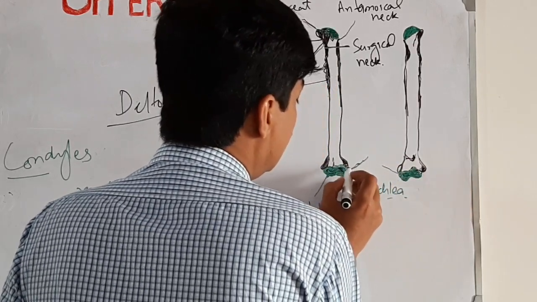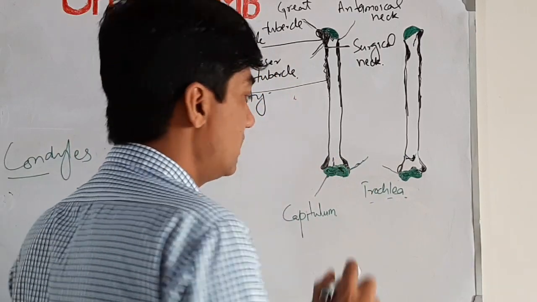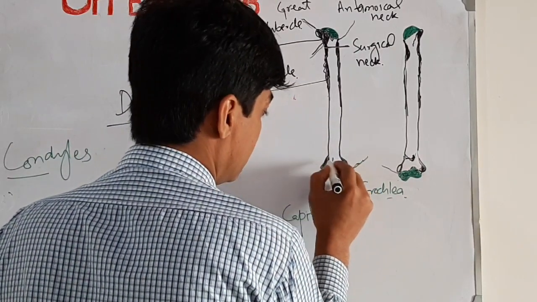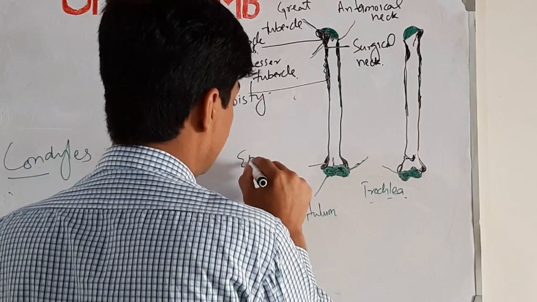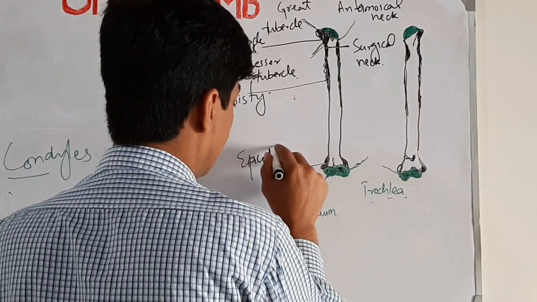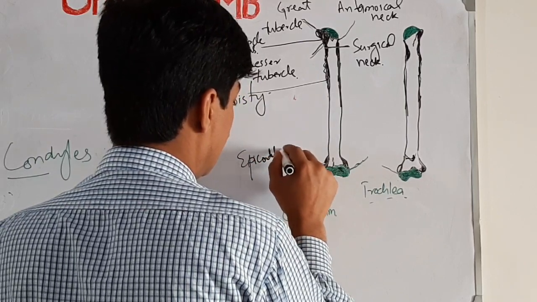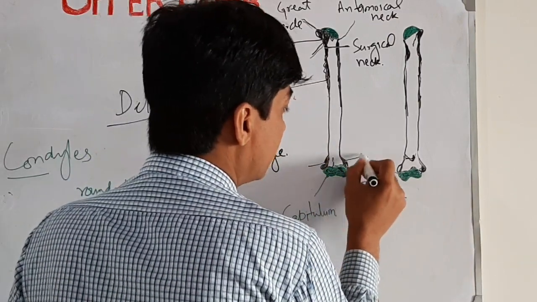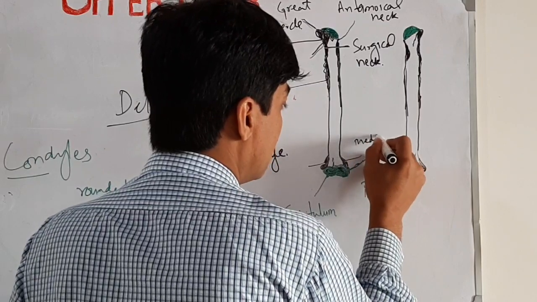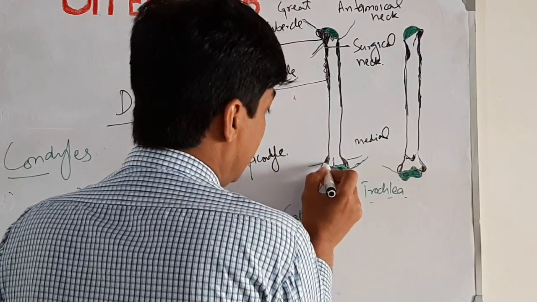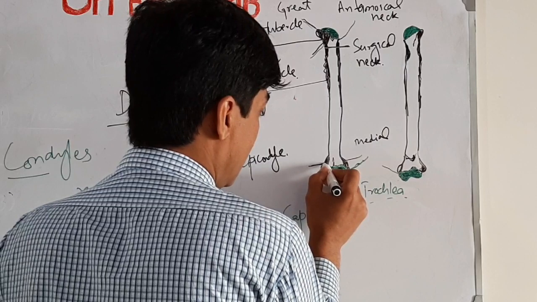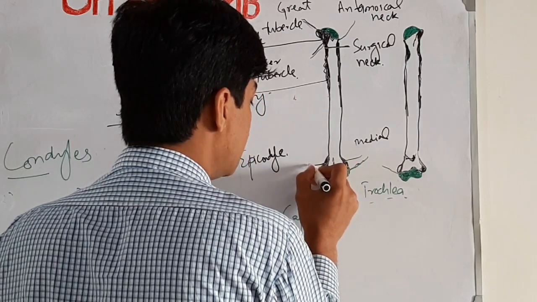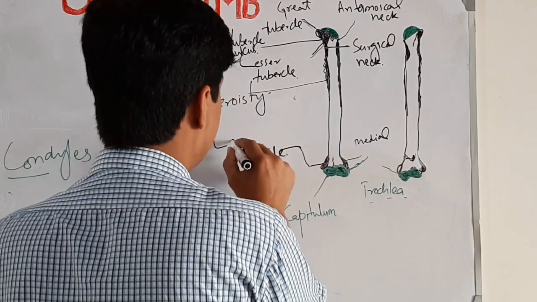These two projections are called epicondyles. The epicondyle which lies medially is called the medial epicondyle, and the epicondyle which lies laterally is called the lateral epicondyle.